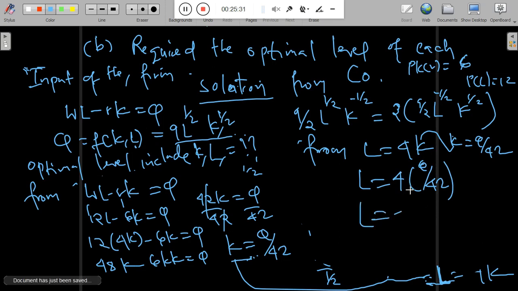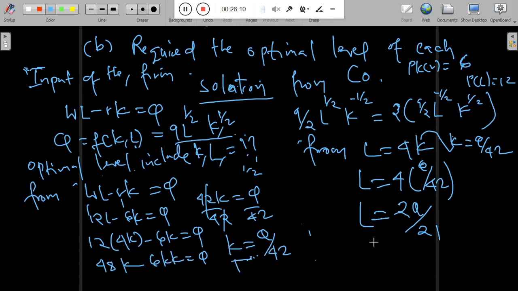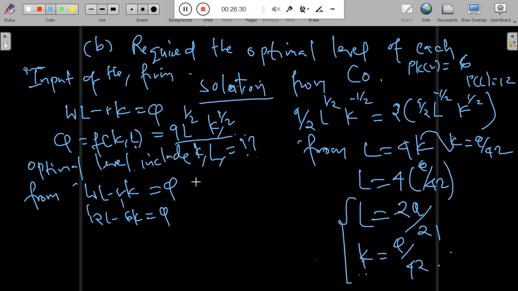So for that case, our L would be equal to 2Q over 21. That will be the value of L. So now we have all the values that link to the optimal level, that is 2Q over 21 and Q over 42. These are the input factors that we apply for the optimal level.